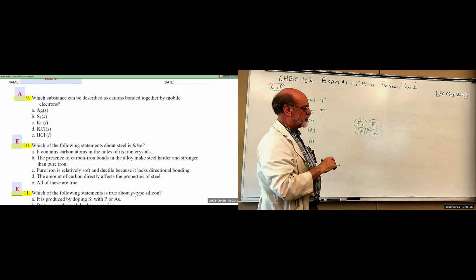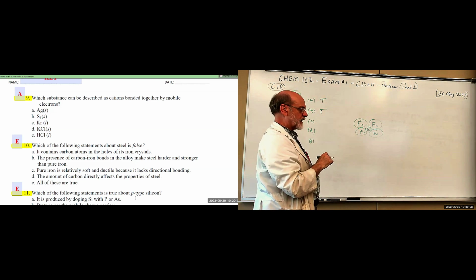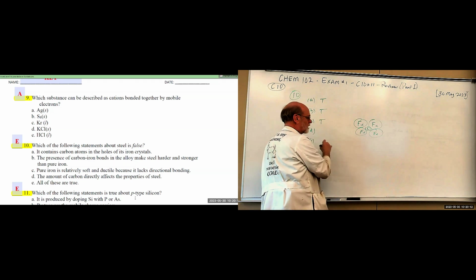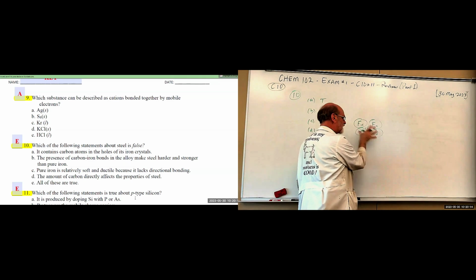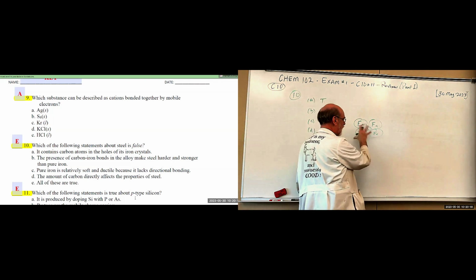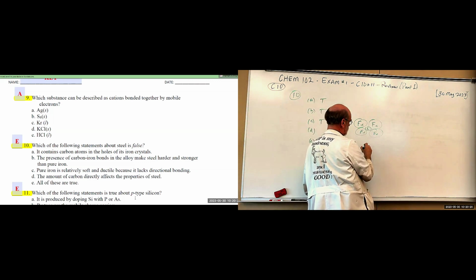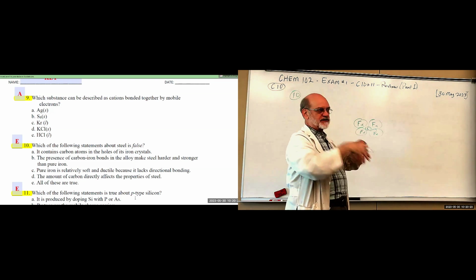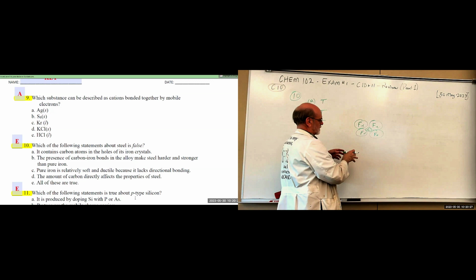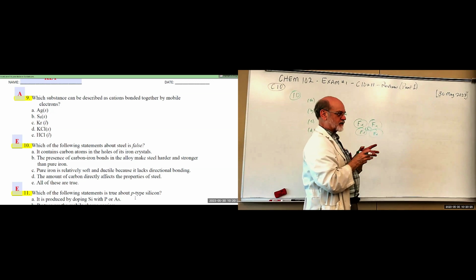How about C? Pure iron is relatively soft and ductile because it lacks directional bonding. That's true. It fits that model for the electron. In other words, the bonding is non-directional. It's just like iron atoms floating in a sea of electrons, right? An electron comes along and is attracted to that one.